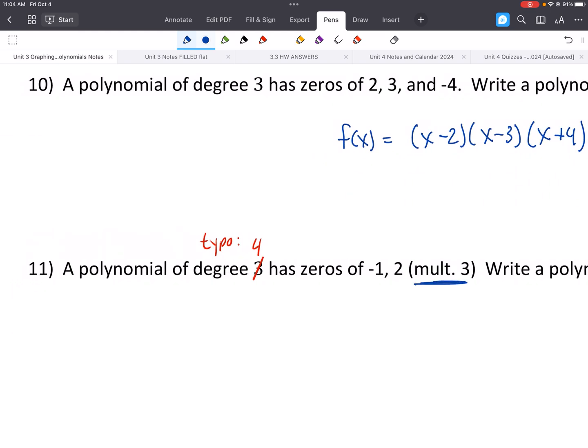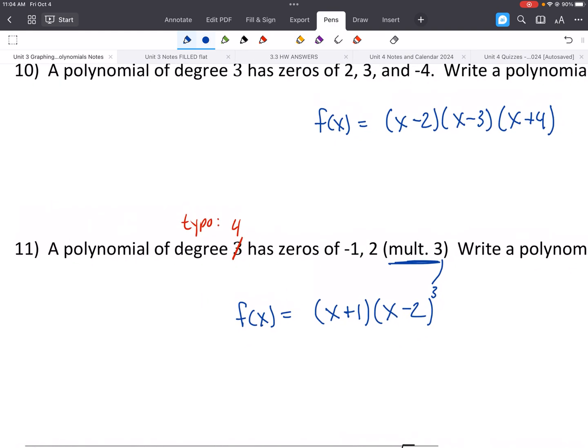It tells you a multiplicity. So here we would do f of x is x plus 1, and then x minus 2 with a multiplicity of 3. So again, multiplicity, we're going to have an exponent of 3. We could write that out 3 times. We'd have 3 roots of 2.